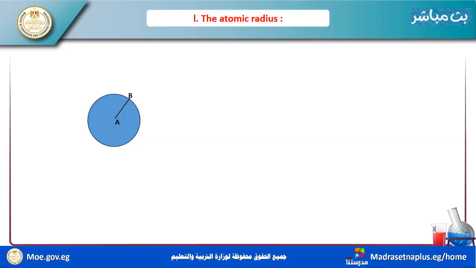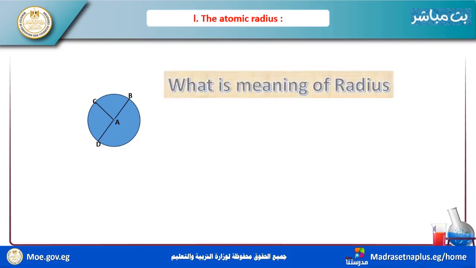AB is the radius of this circle, or AC is the radius of this circle again. And AD is the radius of this circle, because AB, AC, AD are equal, as it is the same radius. What is the meaning of radius?